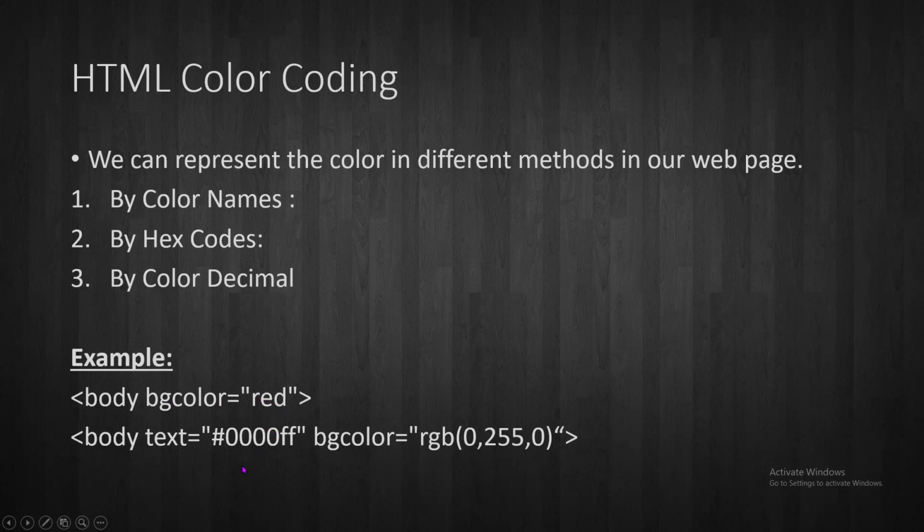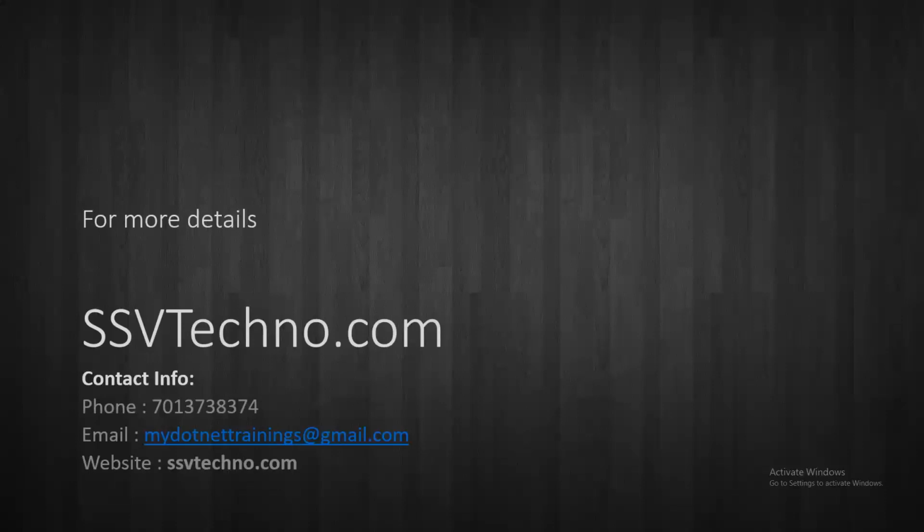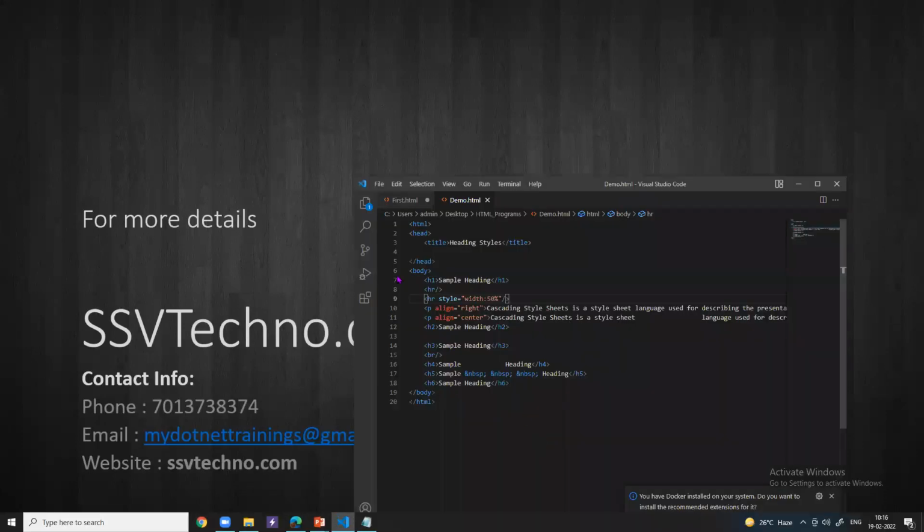Or if you know the hexadecimal code, then you can give it like this. Or if you want to give by decimals, you can specify like this. You want an RGB color combination: how much red, how much green, and how much blue. All these RGB color combinations you can give. Let's see how to work with that.